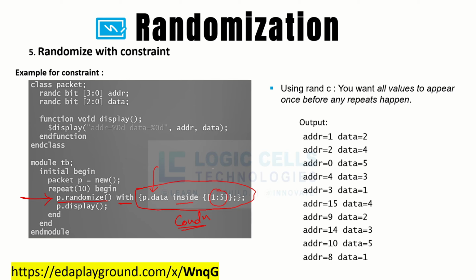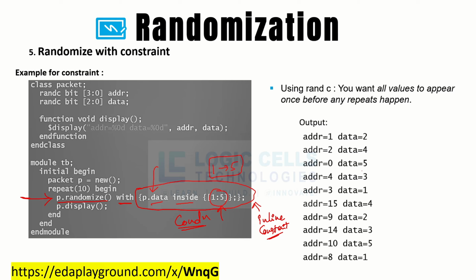You should get the data only between 1 to 5. This line will be called an inline constraint. Here we are restricting the randomizer: don't generate data more than 5 and less than 1. Keep it between 1 to 5.